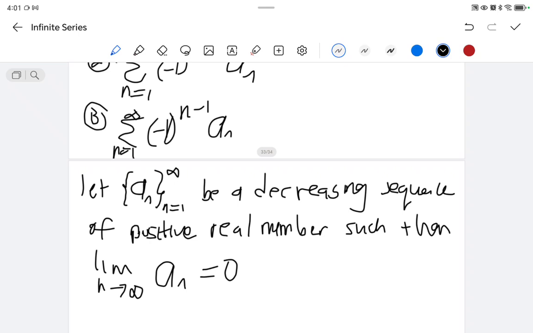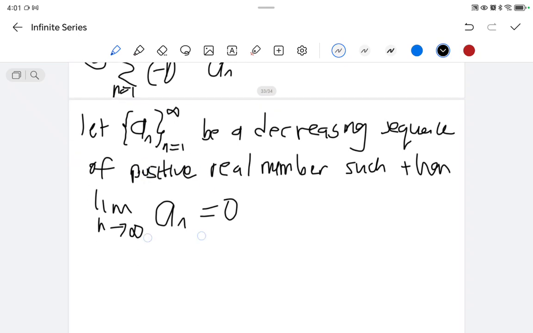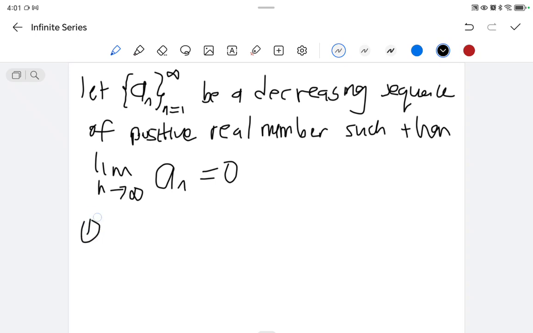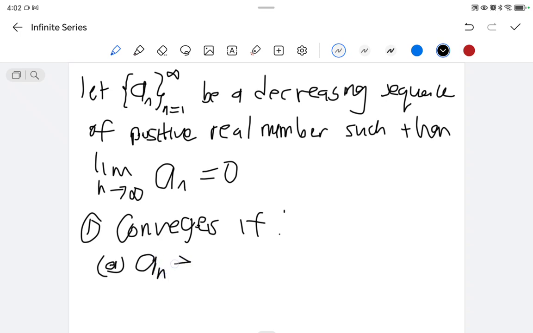So this will happen. So if we're given this, I think we have two conditions that we can look at. The first one is where this converges, right? So we can look at where it converges. So I can say that this converges if first we should have that a of n is greater than or equal to a of n plus 1.